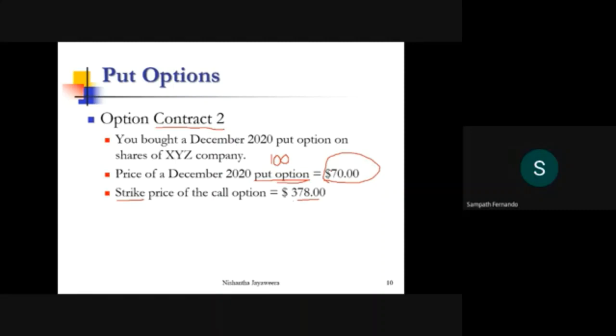Sir, where is it mentioned as 100? No, that depends on the contract. Like what we discussed with futures contracts, the exchange will define the number of units included in a single contract. Can you remember, in an oil contract, 1,000 barrels is one contract. In dollar yen, 12.5 million yen.